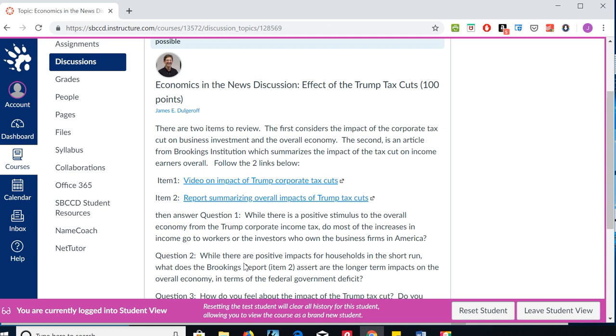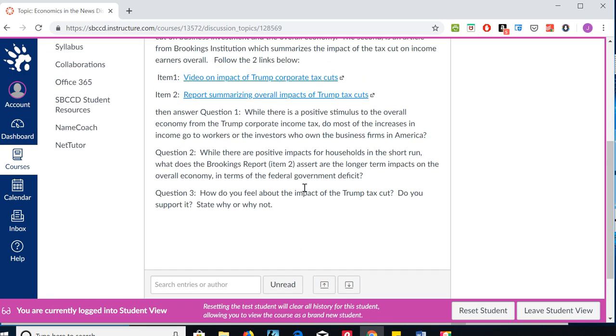But if you look at the summary of the overall impacts of the Trump tax cut, the question here is, what did it do to the federal government deficit? Did it make it larger, or did the economy grow so much that it made it smaller? You have to read to give me the answer, of course.